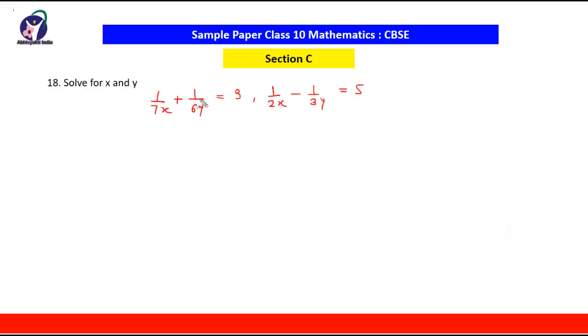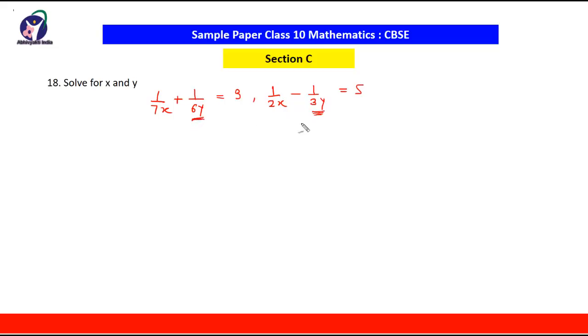Now here this is solved for x and y, and these two equations are given to us, and we have to solve this to get the values of x and y. Now we are solving this with elimination method, so we will make these two terms equal.